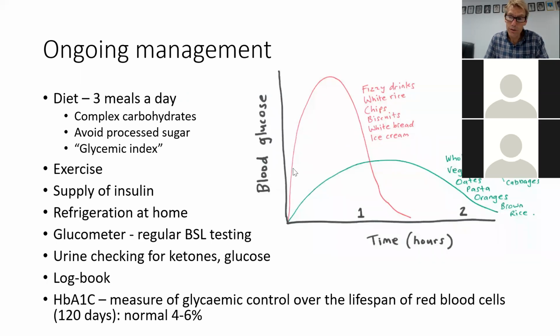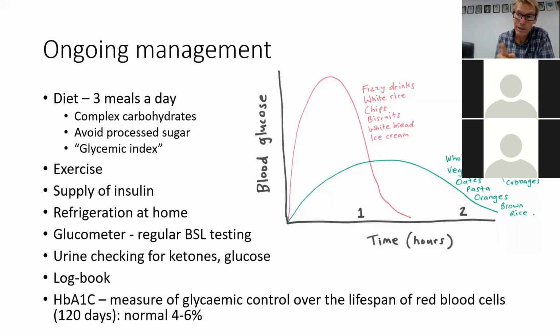Part of the ongoing management of diabetes, of course, is not just insulin. There's a lot of education required. Not all children eat 3 proper meals a day, but you have to start to encourage children with diabetes to eat 3 proper meals a day. Usually I tell them fairly basic things.